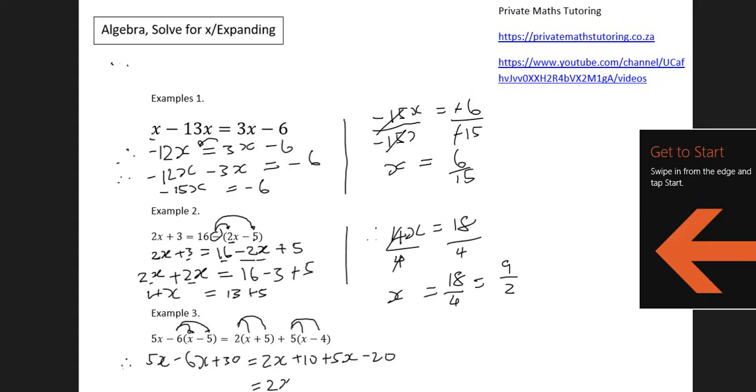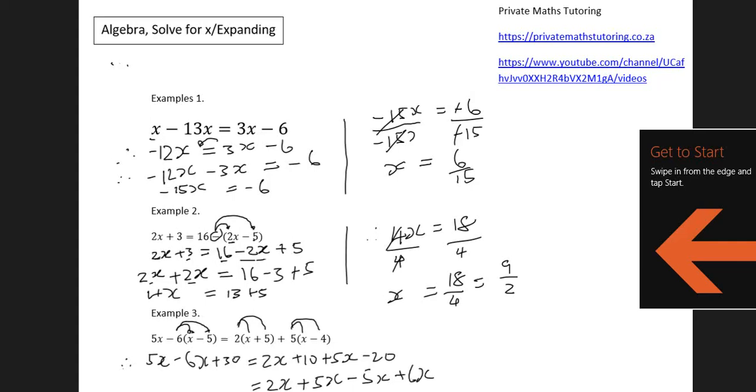So we have 2x plus 5x this side, but this side we have 5x minus 6x. If you take it to the other side, it will become minus 5x plus 6x.